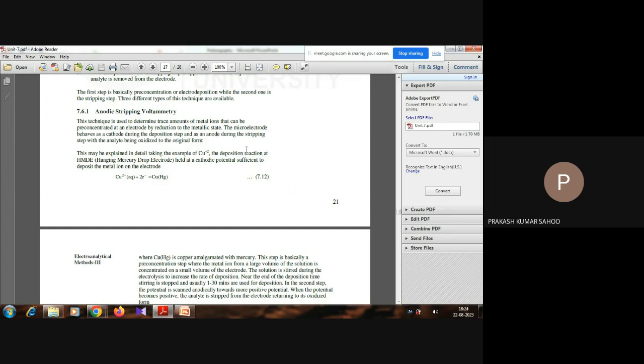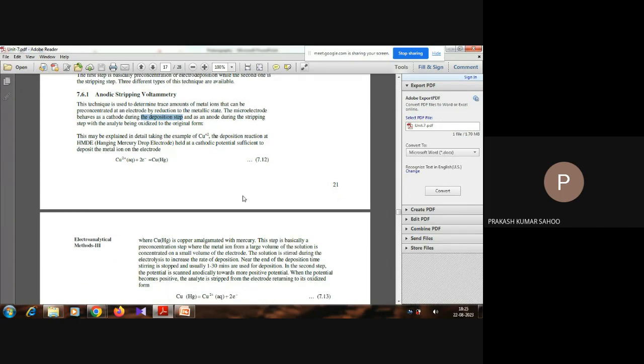So this is just the reverse process: the electrode which acts as cathode in the deposition step is converted to anode in the stripping step. Stripping step means removal of the deposited analyte.